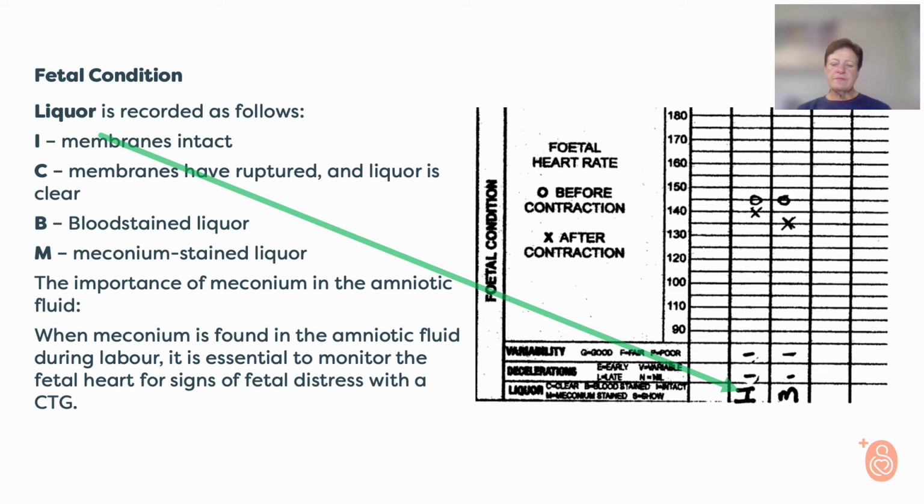And meconium stained liquor might be an indication of fetal distress. So the moment that we find meconium in the liquor, it's always a very good idea to monitor the fetal heart with a CTG to make 100% sure that there are no signs of fetal distress.